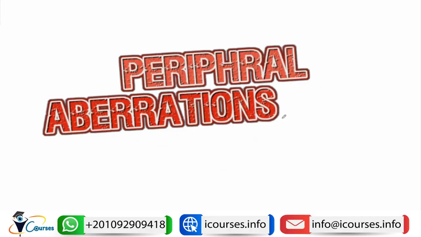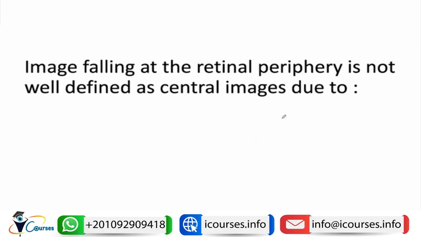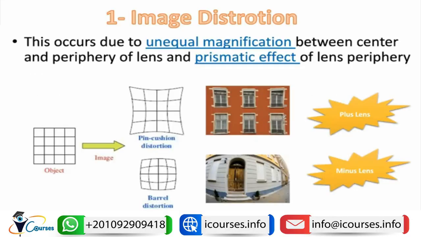Finally, the peripheral aberrations, which are the type of aberration that occurs when the light rays enter the optical system peripherally. Images that fall on the retinal periphery are not as well defined as the central image due to, first of all, the image distortion that occurs due to the prismatic effect of the lens periphery, causing unequal magnification.